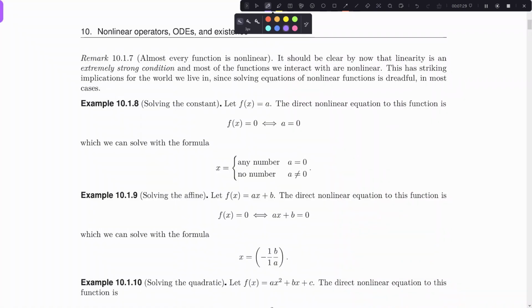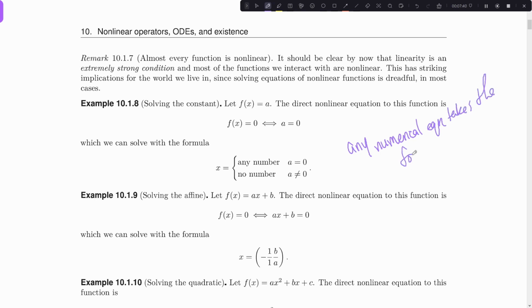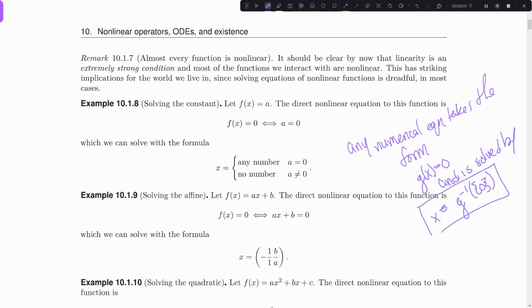This is harkening back to our whole idea that any numerical equation takes the form g of x equals 0, and is solved by the pre-image of the set containing 0. So any x in the pre-image of the set containing 0 is a solution.